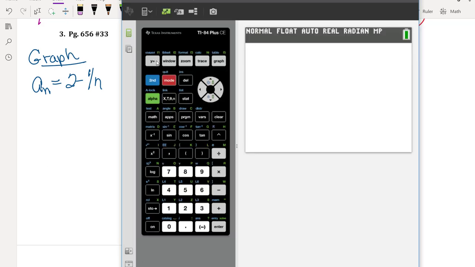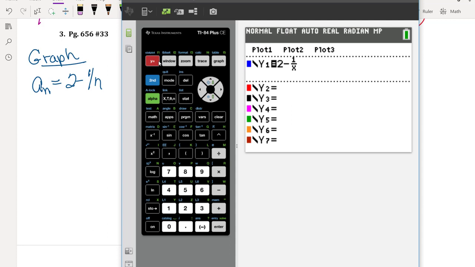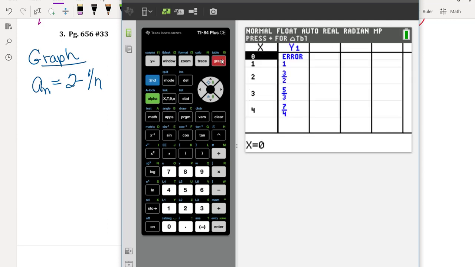So putting it under y equals, you could put it under like any rectangular equation. And then if you want, you can write down your points here. So there is no point at 0, but you want to make sure you're counting by 1, starting at 1. So I have 1, 3 halves, 5 thirds, 7 fourths, and so on and so forth as you go down. And then you can just plot those points.